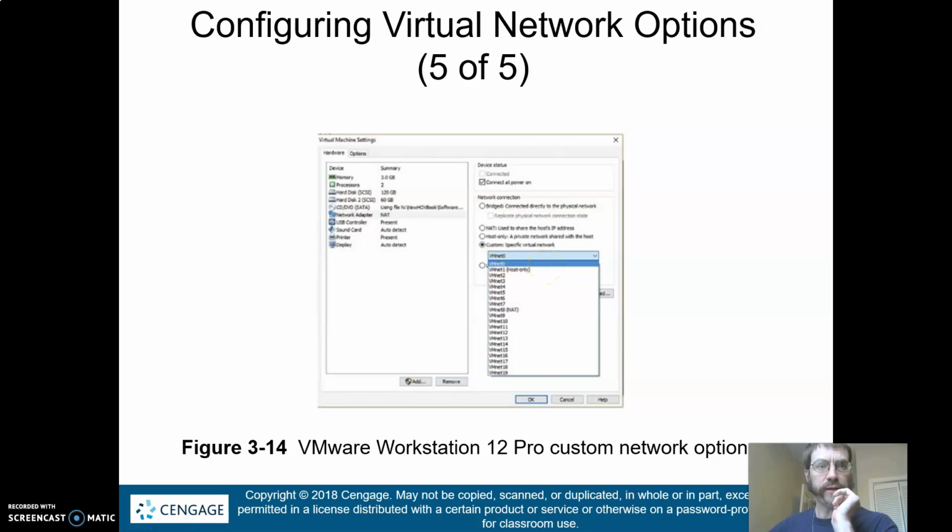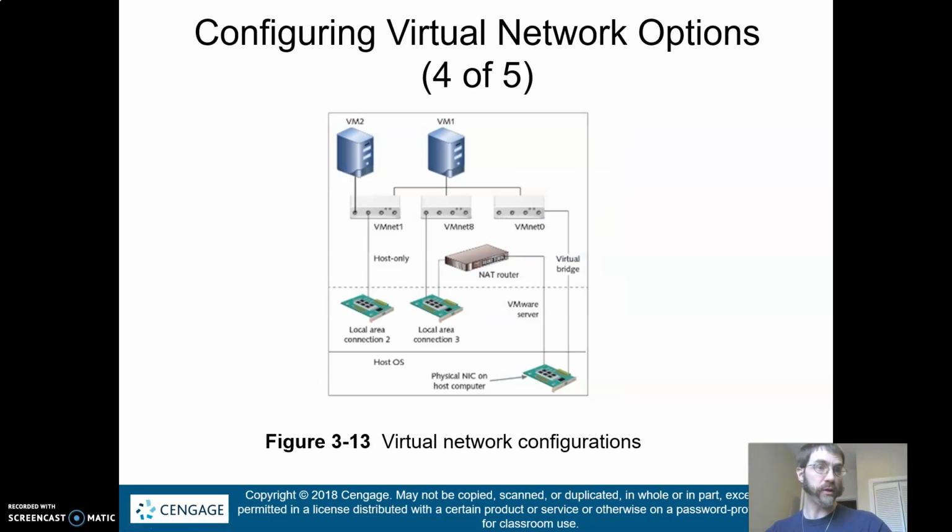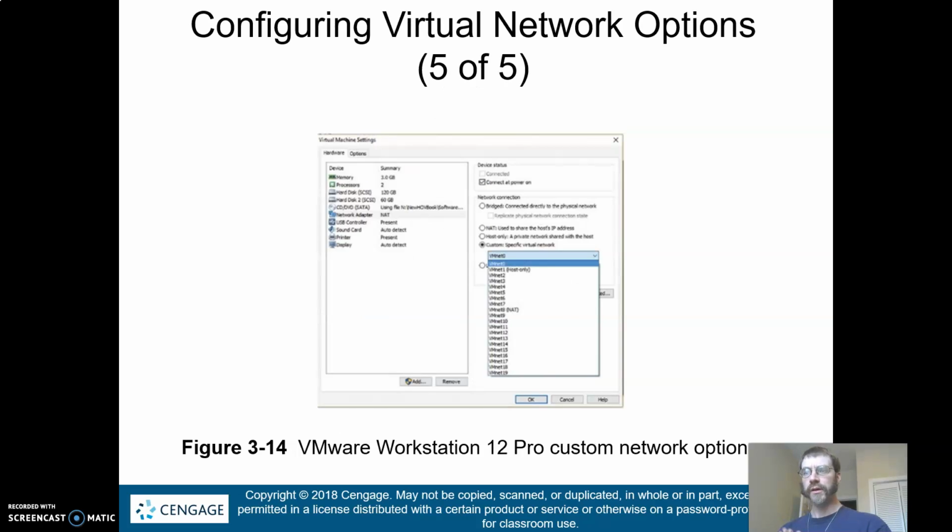I will do a video on that at some point, if I haven't already. If I have, I just need to find it. If not, I can do it. So these are your options. You can do your custom network. Now these first three options, bridged, NAT, host only, will tie in to one of those three VM switches I mentioned before.